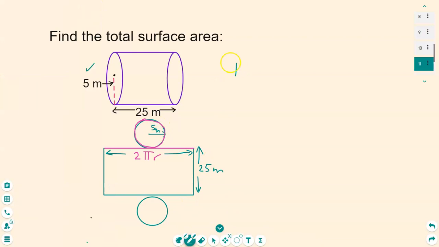So total surface area, TSA, will be the area of rectangle plus, let's go 2 times area of circle, since there's 2 circles, right?